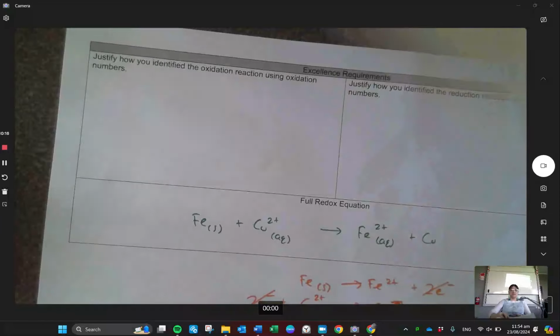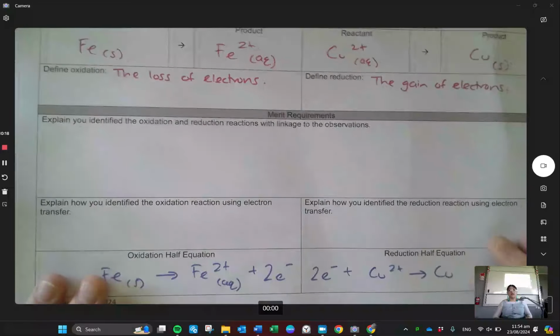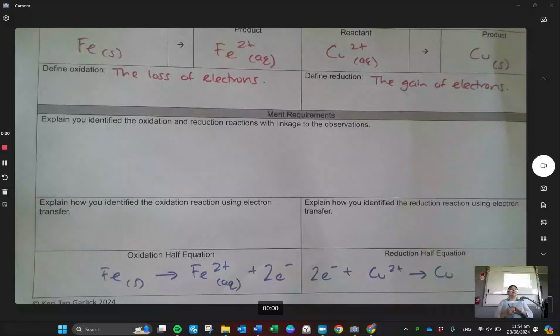So let's go back to this page here because we need to start justifying how we know what's what. So we need a linkage to the observations. Explain how you identified oxidation and reduction reactions linked to the observations.